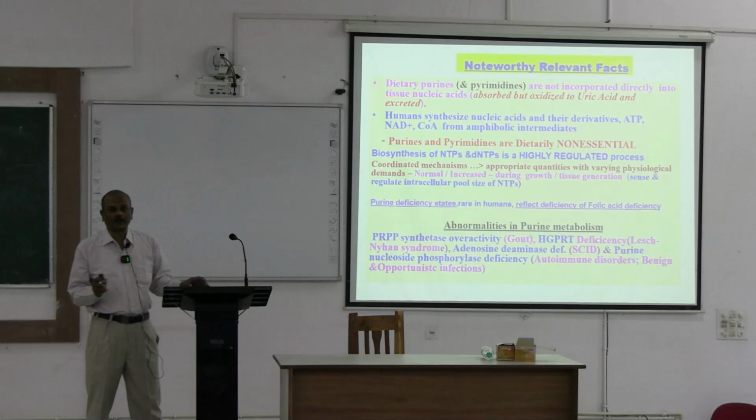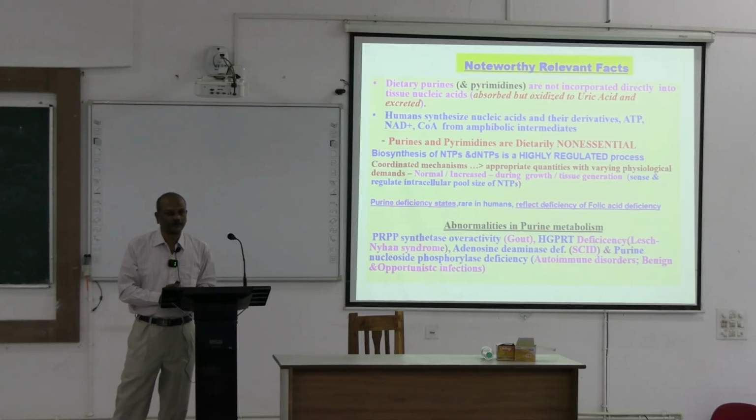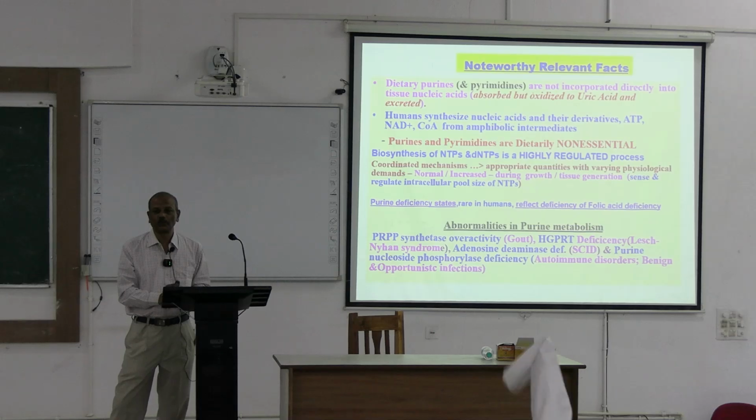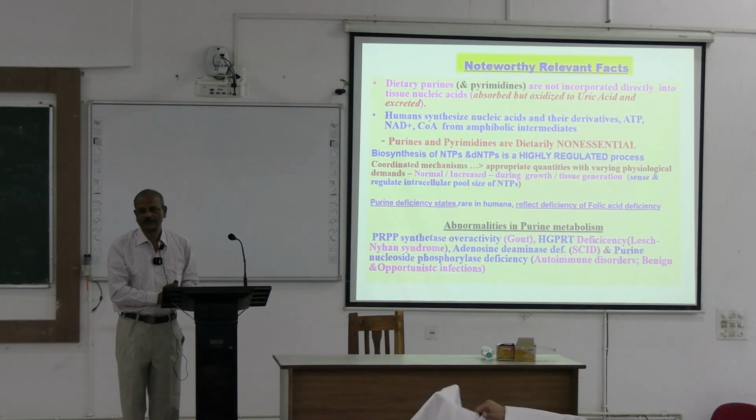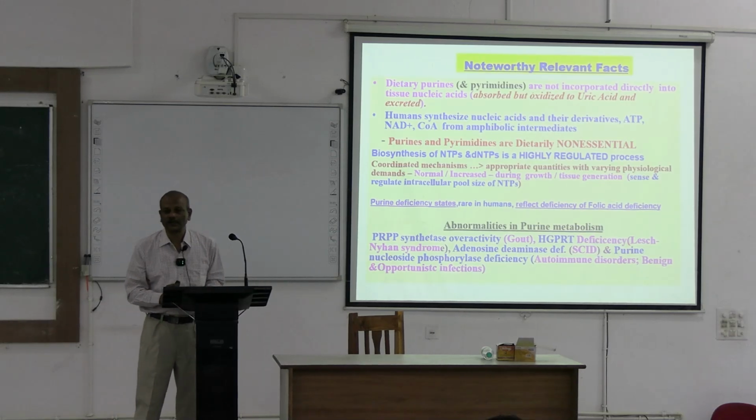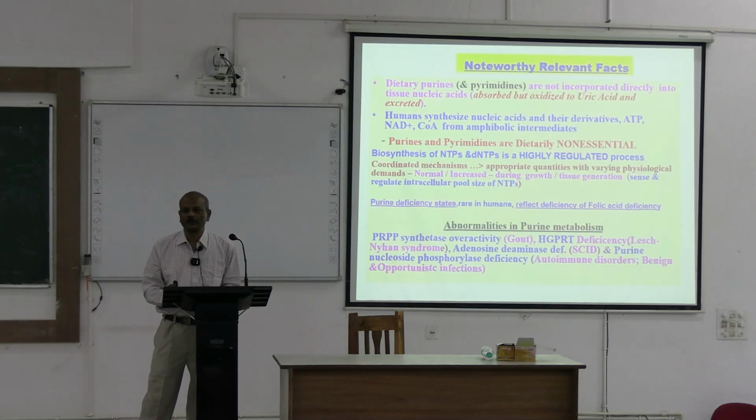We take carbohydrate, we take protein, we take fat, and these are absorbed from the intestine and used. Unfortunately, nucleic acids or purines, although we take them in the diet, are not directly incorporated into the cell, just like glucose or amino acids.